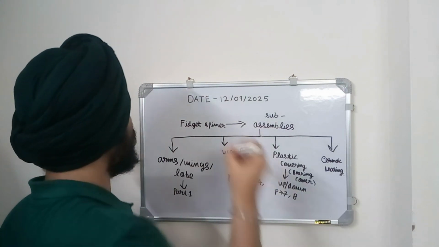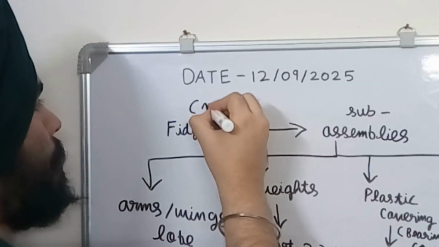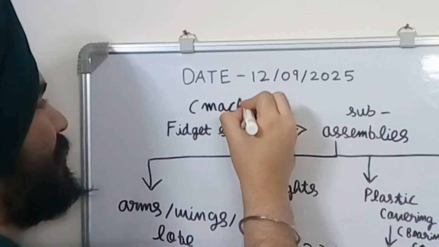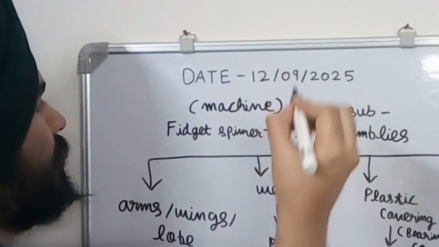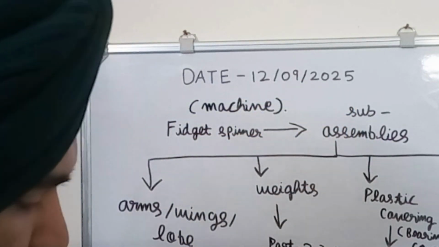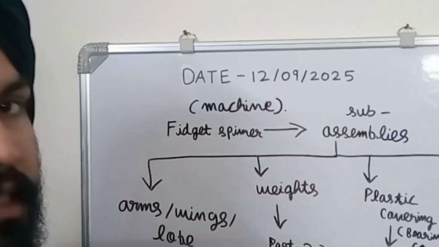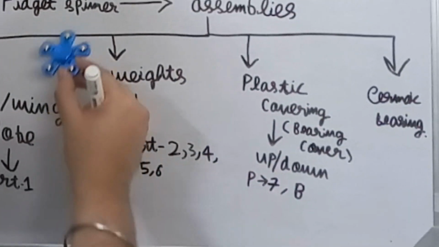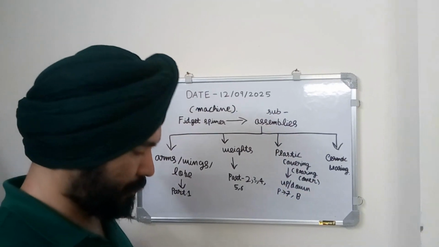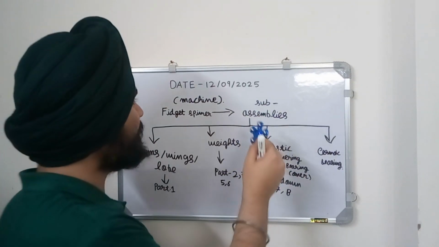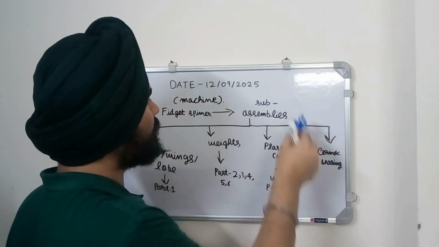So I have considered a machine which you use in daily life when you are feeling stressed or anxious. You play with this fidget toy called a fidget spinner. If we look at this fidget spinner, it is also a marvelous piece of engineering. So basically it also has sub-assemblies.